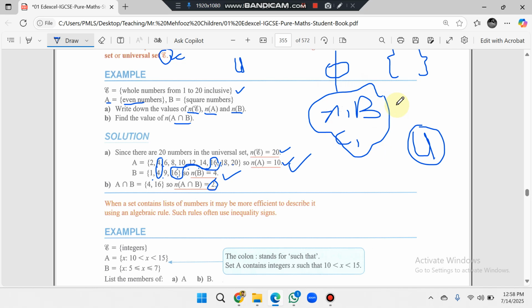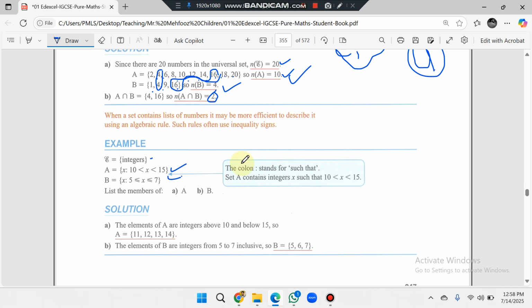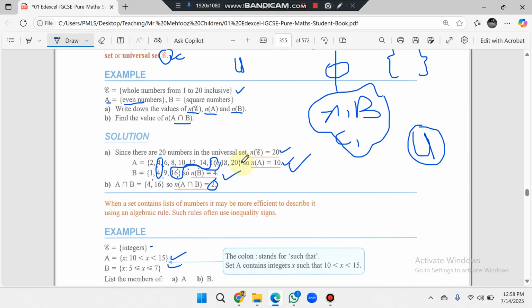It will vary from example to example. For example, in this example, the universal set is all the integers that has the set A as well as the set B. It means that the universal set has all the sets in it in a specific example. Understand?